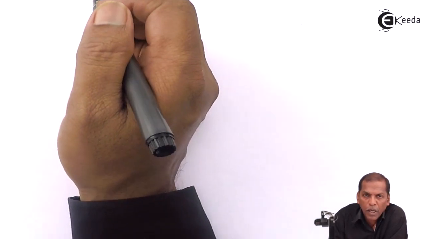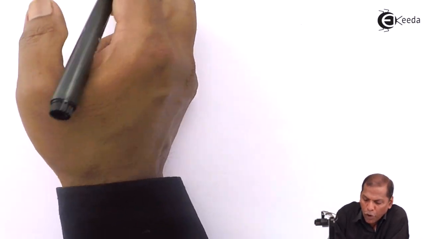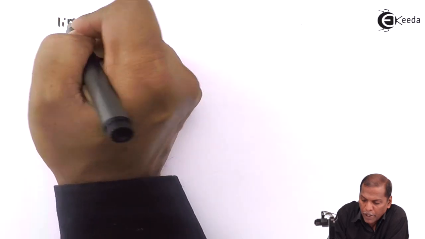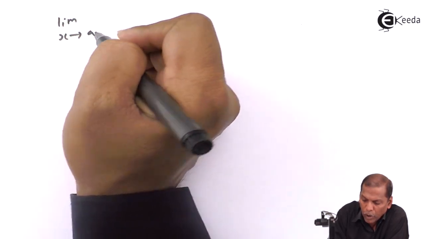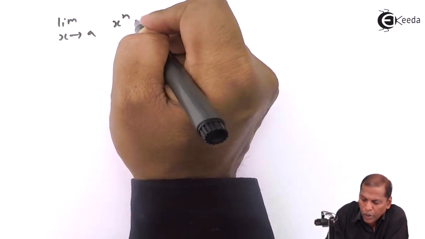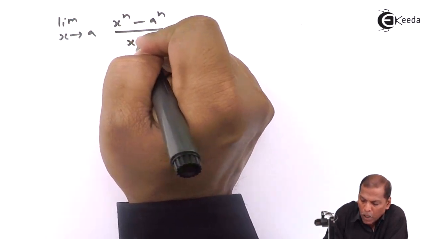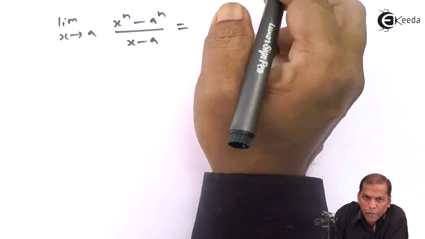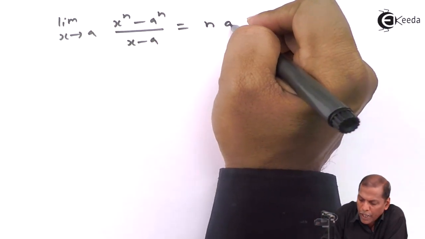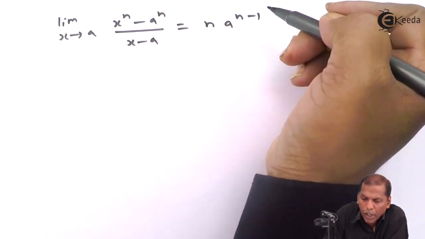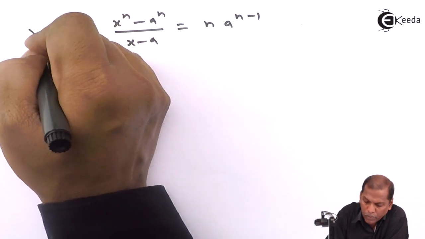Now in this case again we have to apply the formula that limit x tends to a of x raised to n minus a raised to n upon x minus a is equal to n times a raised to n minus 1.